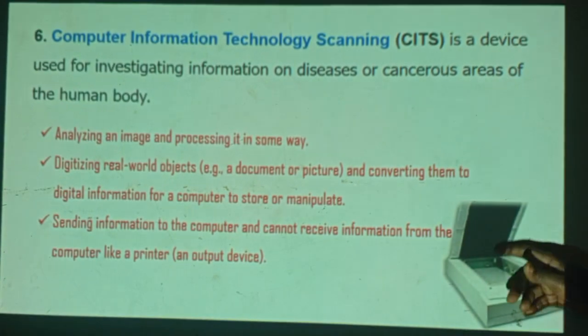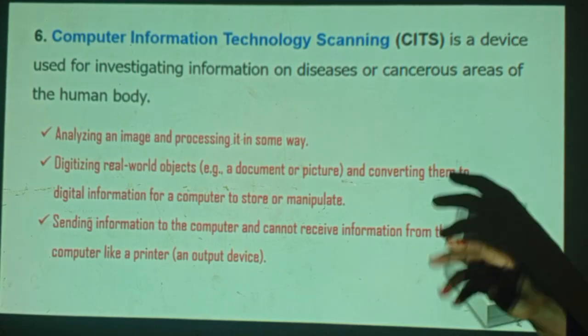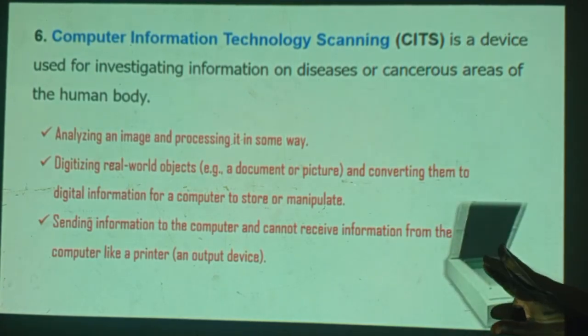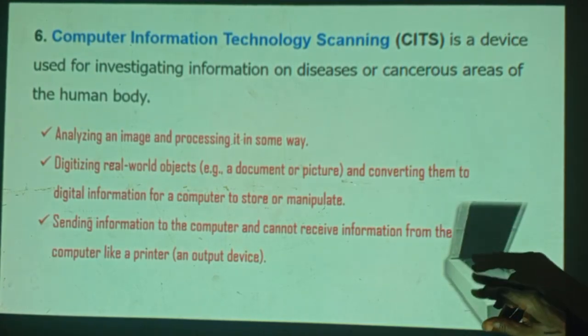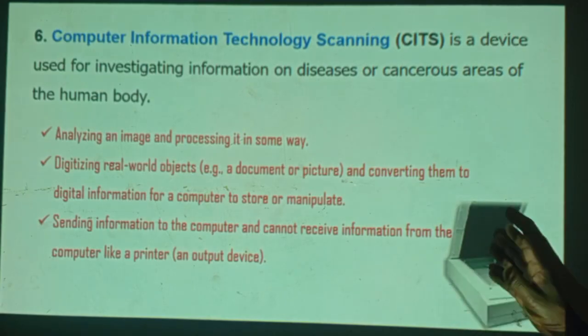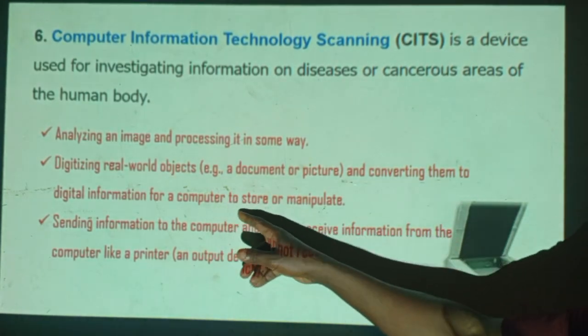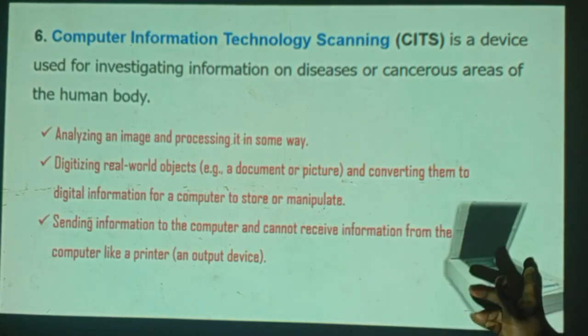This scanner scans information about your body, the image, analyzes it, digitizing real-world objects, documents or pictures, and converting them to digital information for a computer to store or manage. This is another purpose.